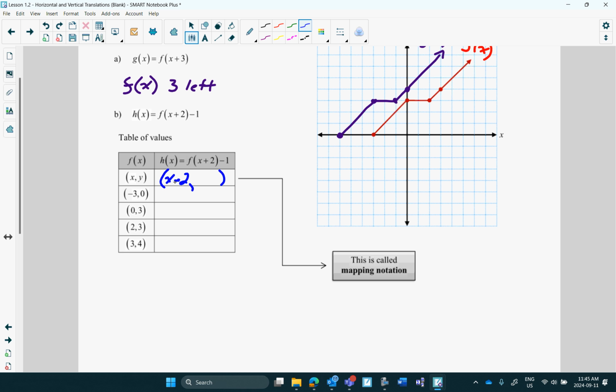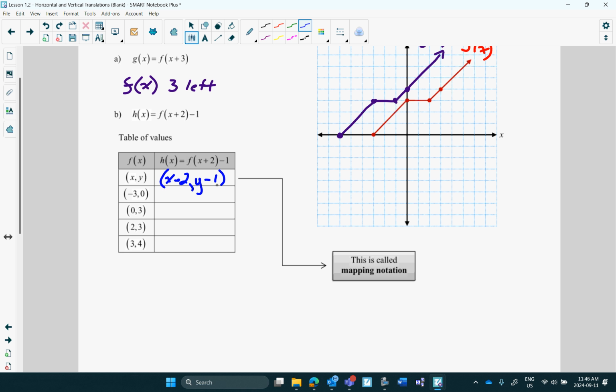The formula for the new y coordinate is take the original one and subtract 1, because we're moving every one down. So this is called mapping notation, because I am mapping from one function to another.